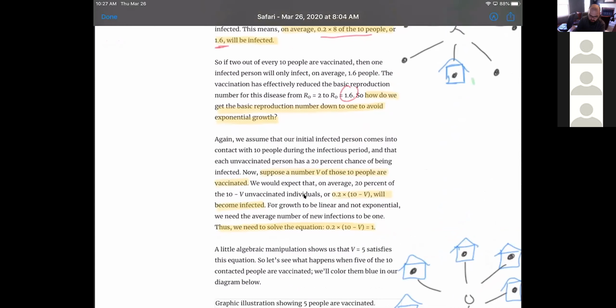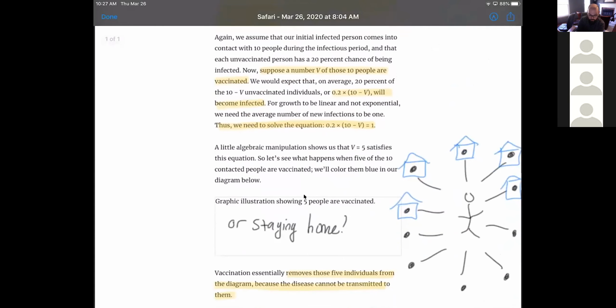So 1.6 still isn't 1. So what we need to ask ourselves is, if I have an R naught of 2, how many people would have to stay home in order to get this R naught all the way down to 1? So we're going to end up with an equation something like this: 20% of 10, the total people, minus the number of people that stayed home.